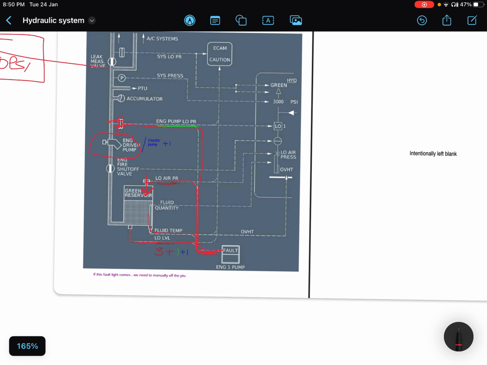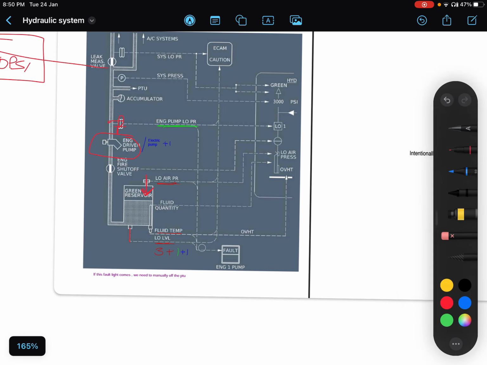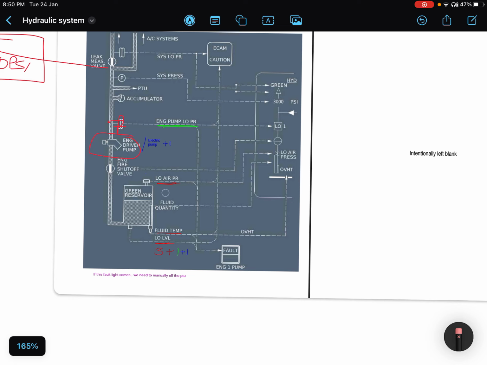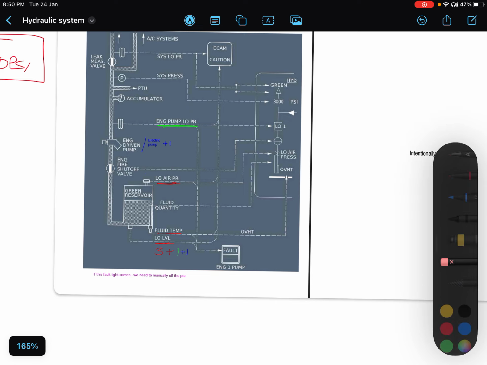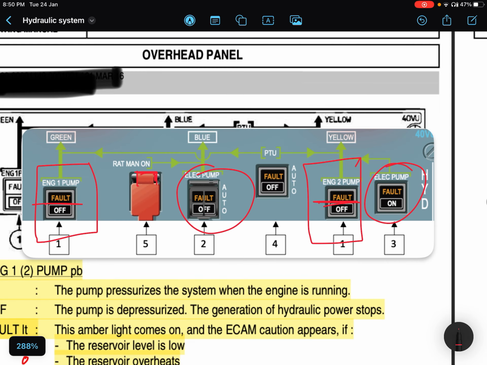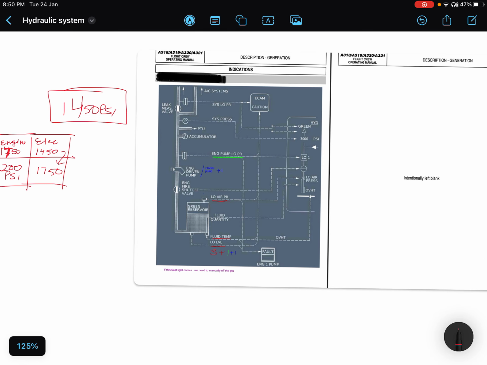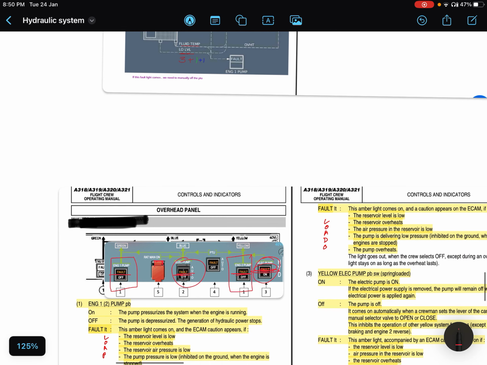Let's say these were the four main reasons why this fault light of engine driven pumps comes. Now for electric pump, we have electric pump too, na? So what are the reasons that the fault light of electric pump comes? The four reasons are the same as for the yellow system electric pump.